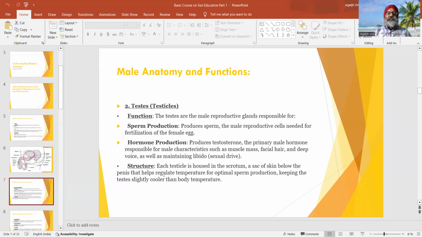Structure. Each testicle is housed in the scrotum, as I have shown you. A sac of skin below the penis that helps regulate temperature for optimal sperm production, keeping the testes slightly cooler than body temperature.